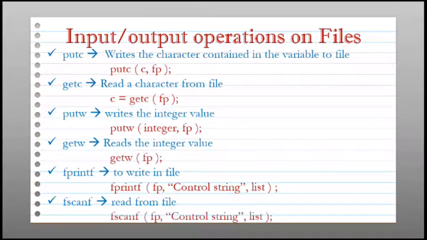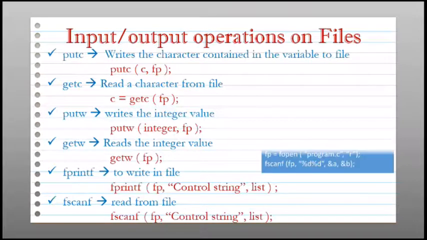This is the syntax: fscanf, and in brackets the file pointer, then control strings and the list of variables. This is the example. We are reading, so the file should be in read mode, and then fscanf, and in brackets first we mention the file pointer, then the variables that we are reading from the file.